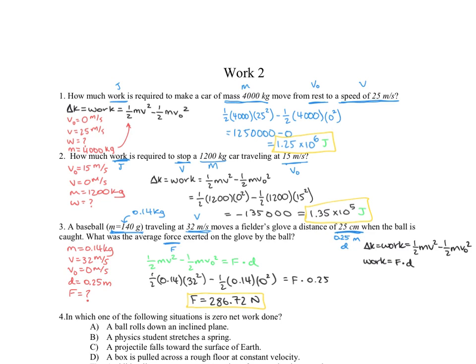So with these four variables, we are able to solve for force by setting both the kinetic formula and the work formula equal to each other. And once we plug in, you get our final answer. And remember, the newtons is the units for force. So don't get those mixed up. Joules is for work, newtons is for force.